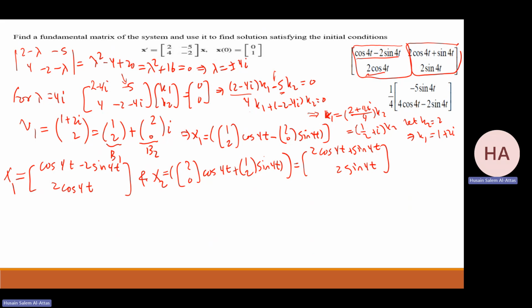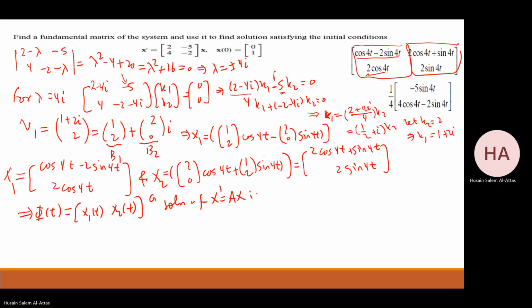So Phi of t will be x1, x2, and the general solution of this system is x equals Phi of t times c.